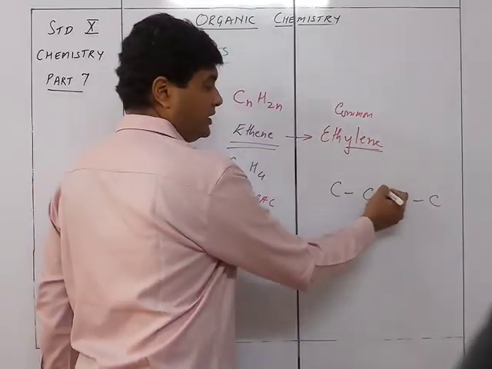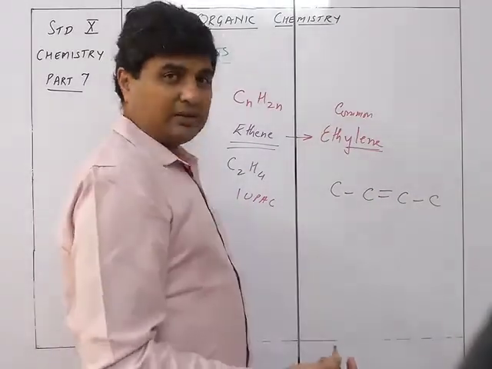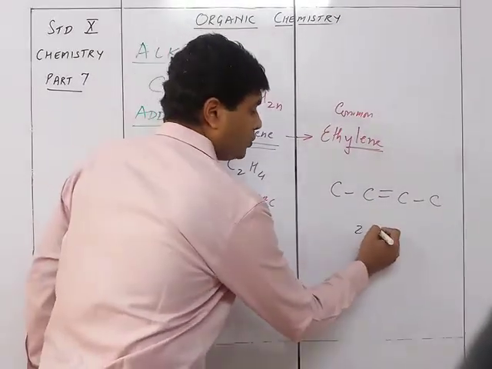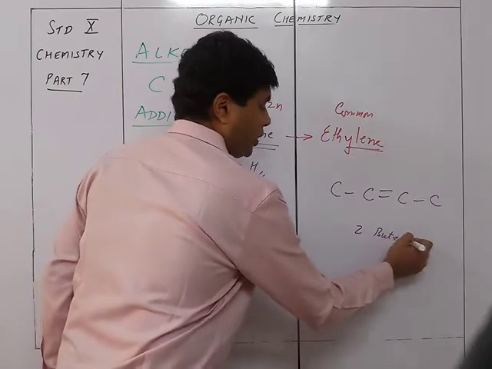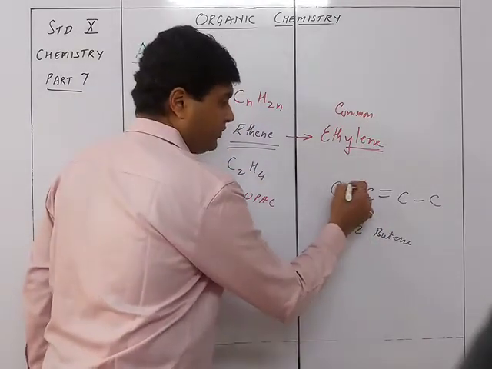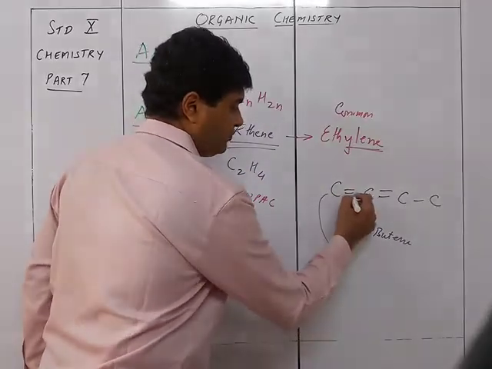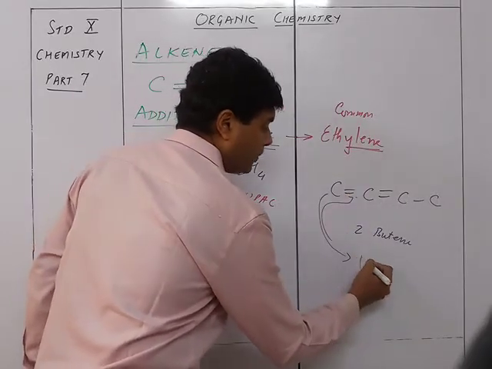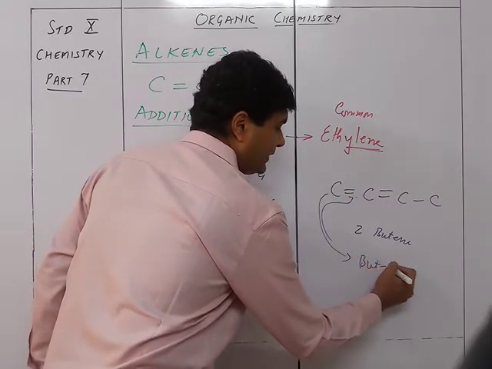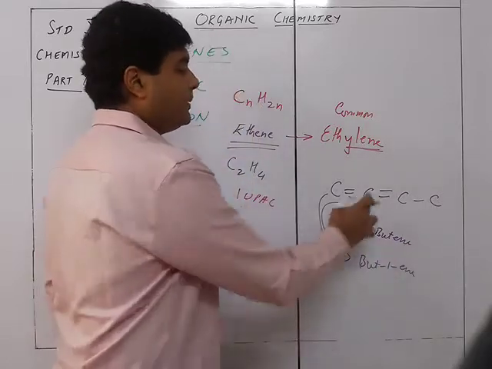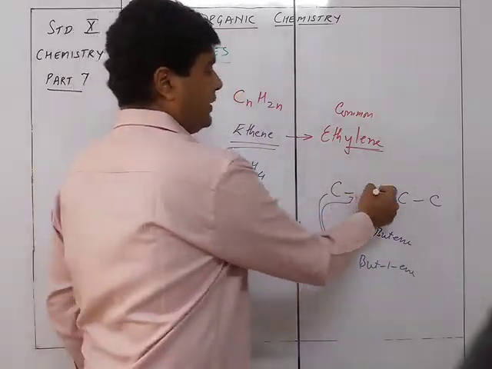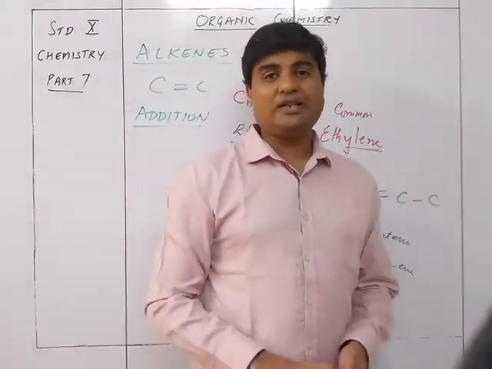If it is not here but here, then it is 2-butylene, or 2-butene. If it is on the first carbon, it will be but-1-ene. So depending upon where the double bond is, you have two isomers of this.